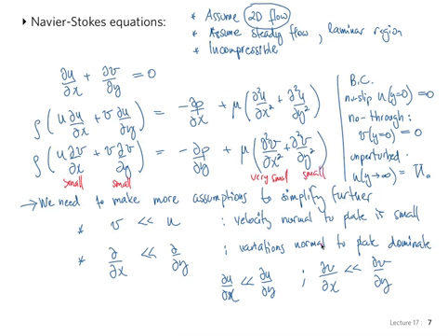So we're only left, basically from the y momentum equation with these assumptions, with dp dy approximately equal to 0, which means that p is only a function of x.